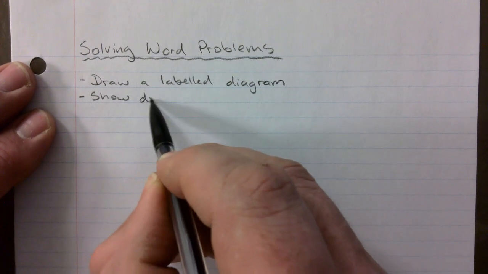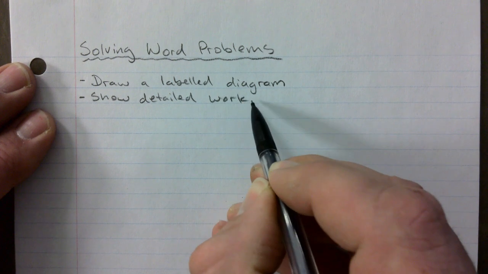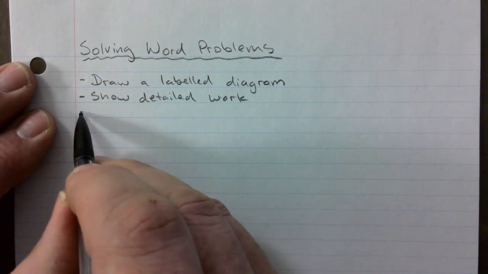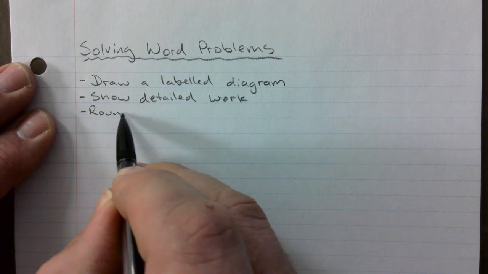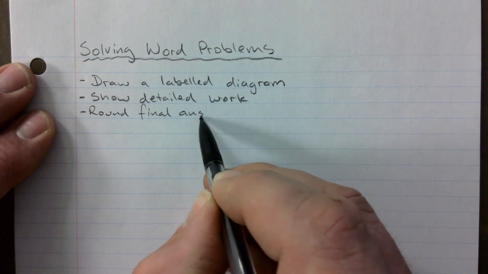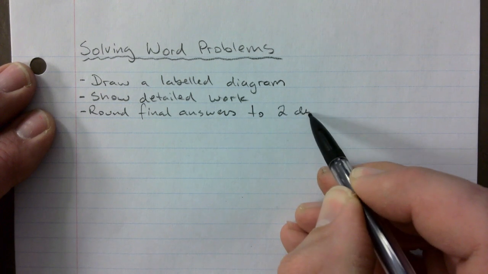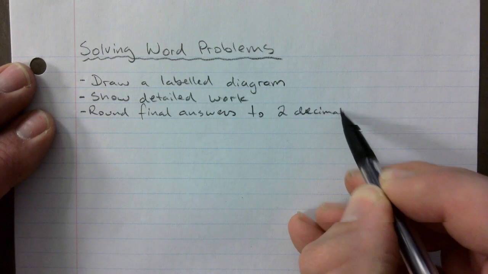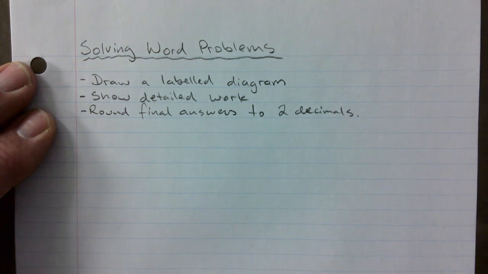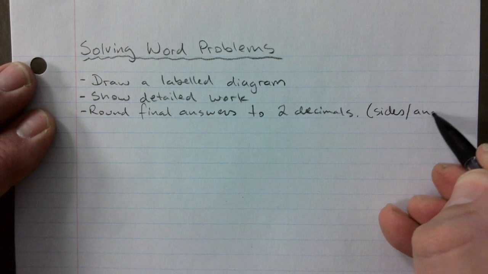Show detailed work and round final answers to 2 decimals. That's including angles, right? So I'll say sides, angles.